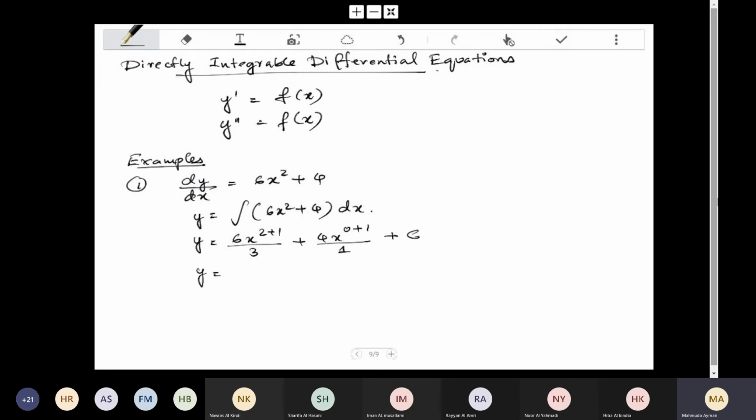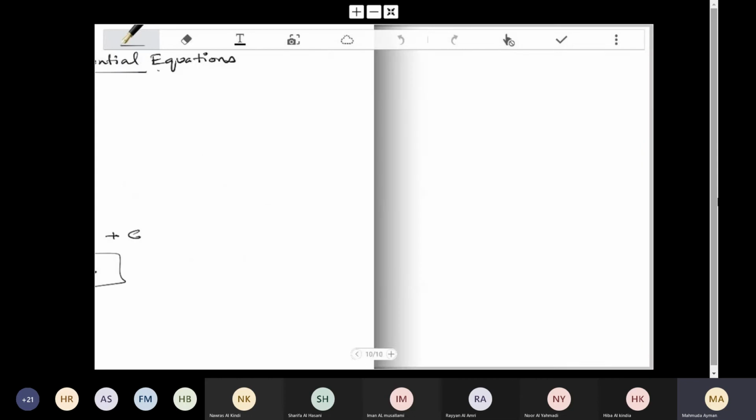So y equals 2x cubed plus 4x plus some constant c. That's the general solution to the given differential equation.